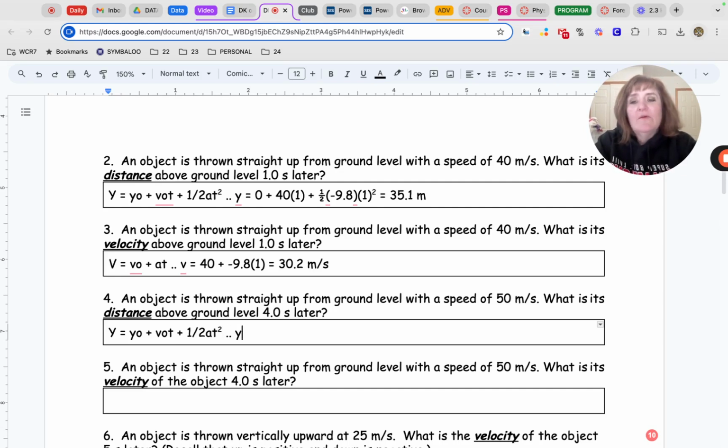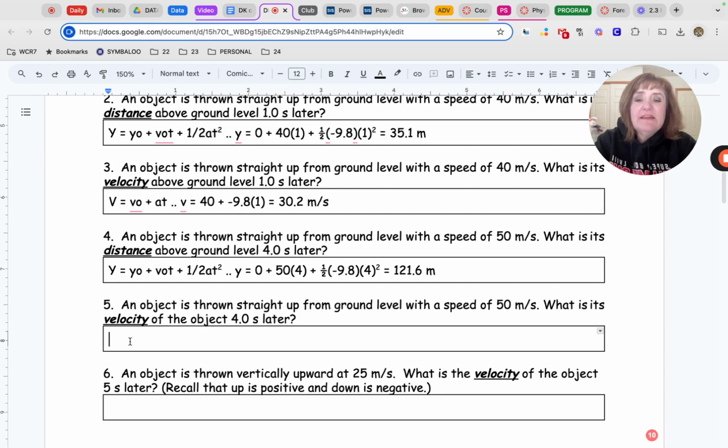So y naught is the ground, which is 0, plus v naught, which is 50 times 4, plus 1/2 times a negative 9.8 times 4 squared. Be very careful with your negatives. So this is 50 times 4 plus 0.5 times a negative 9.8 times 4 squared. Should give you 121.6 meters.